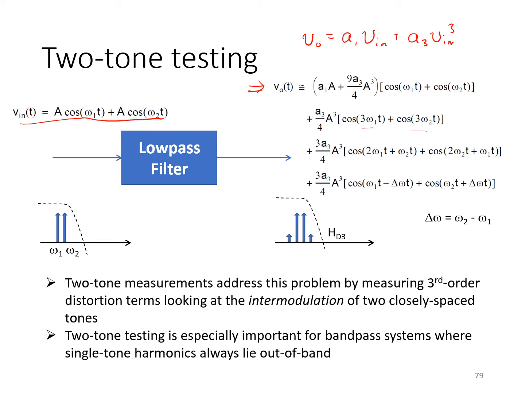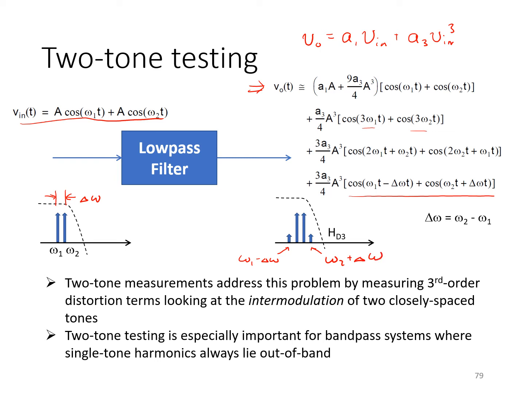However, you do get these tones here, which arise on either side of the input frequencies at omega 1 minus delta omega, where delta omega is the difference between these two input frequencies, and at omega 2 plus delta omega.